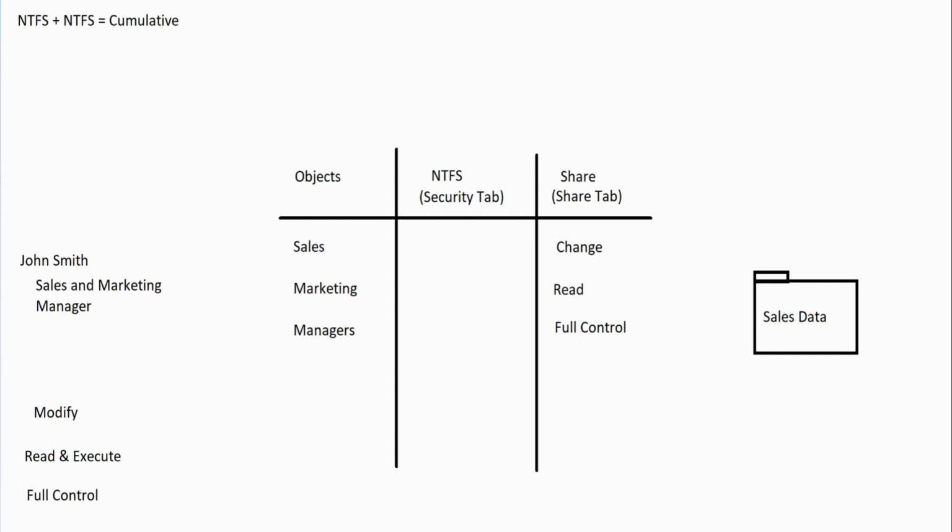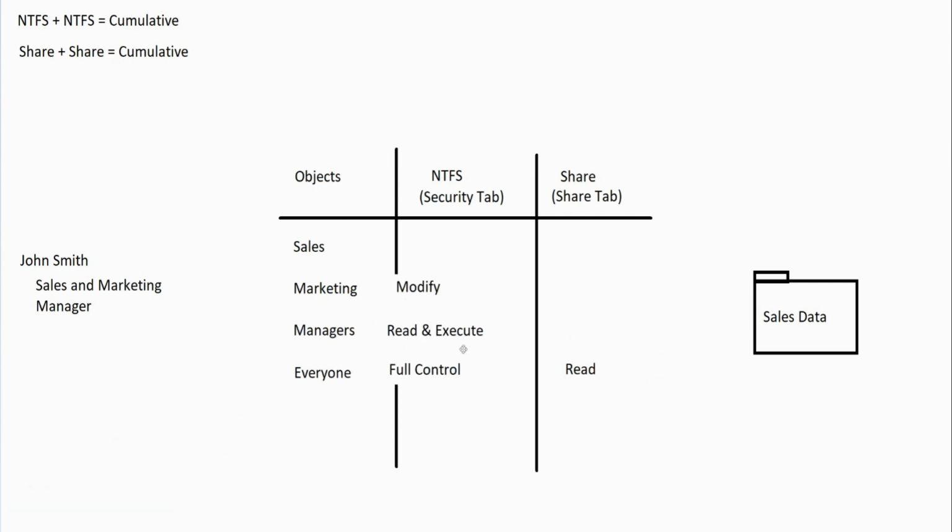All right. Now, here's where things get crazy. Let's just look at the defaults here. What I mentioned just a moment ago is the defaults on shared folders a lot of times is going to be, there's a group called everyone, and the everyone group gets read automatically. And so then let's throw the NTFS permissions back into the mix.